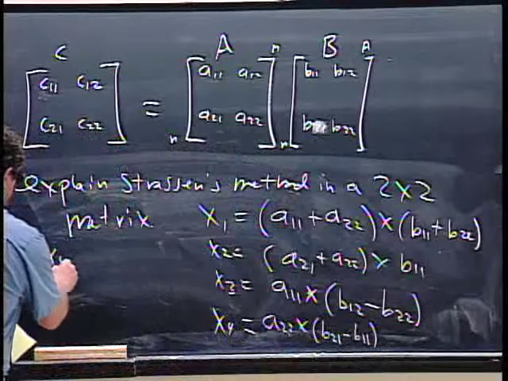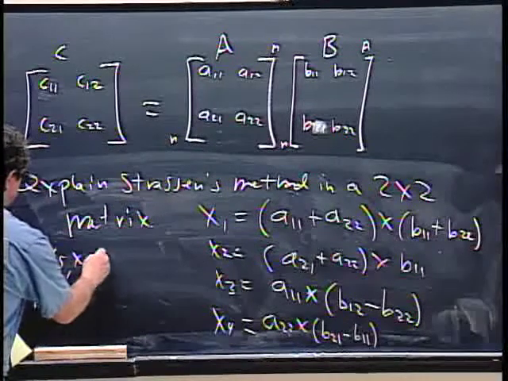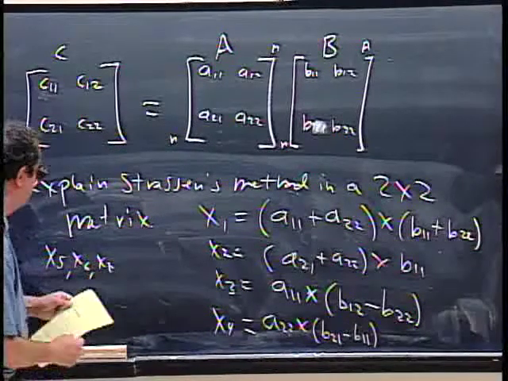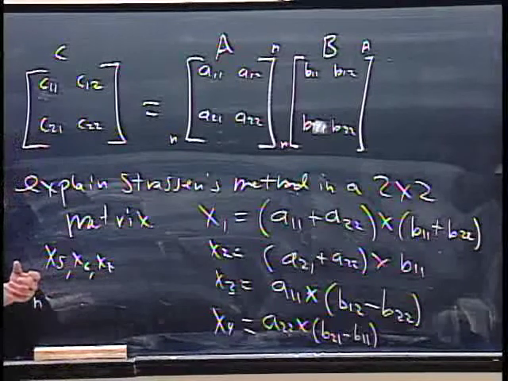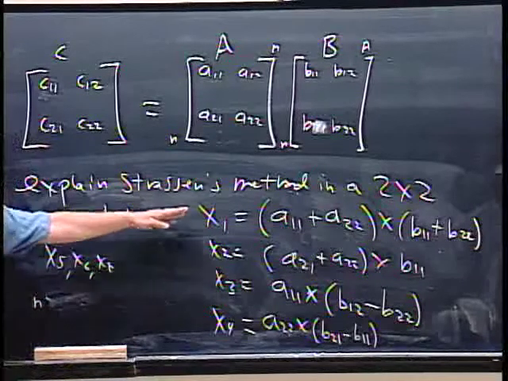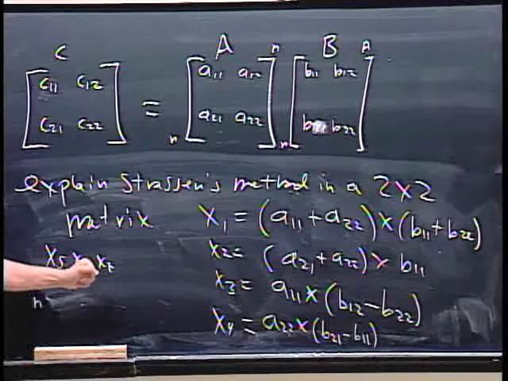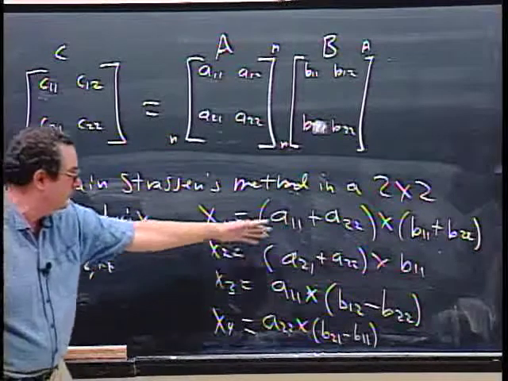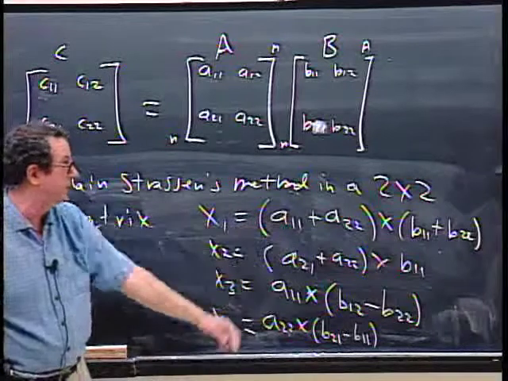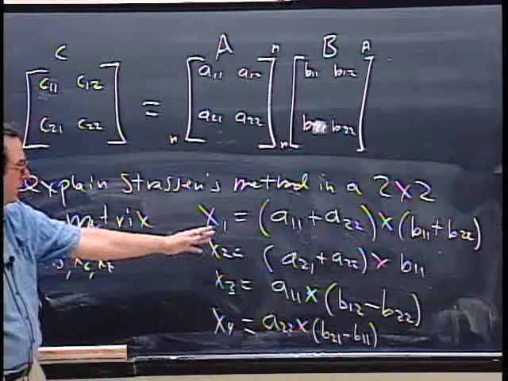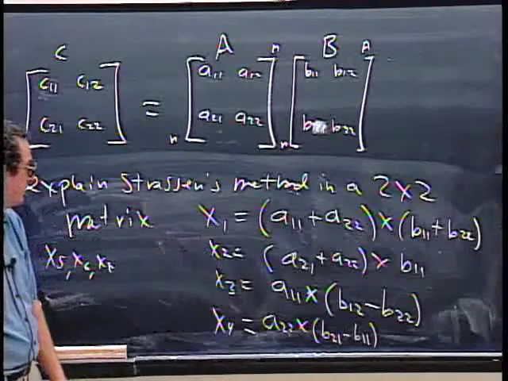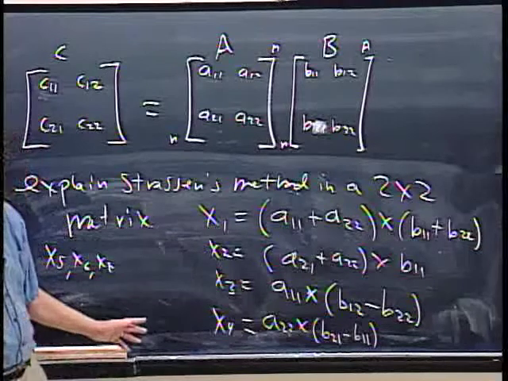So there's an X5, X6, X7. Each one of these only involves a single multiplication. So these X values can be calculated with 7 multiplications and some number of additions and subtractions. It's less than 18. We're going to have some additional additions and subtractions in a minute, but we won't have any more multiplications.